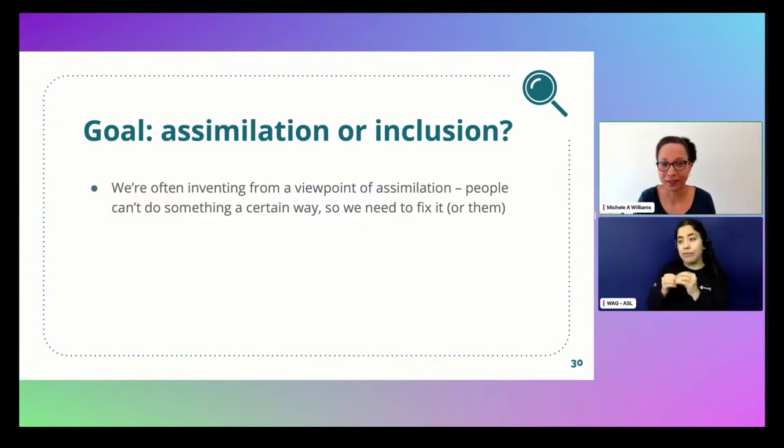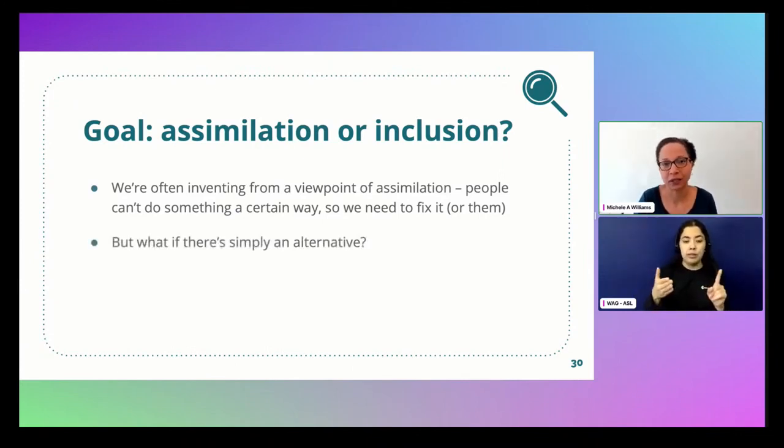So a blind person's navigation doesn't include visual feedback, so we need to outfit that person with some technology to supplement that. Or there's usually some sort of outfit or exoskeleton that we want to outfit that person with in order to allow them to do something a certain way.